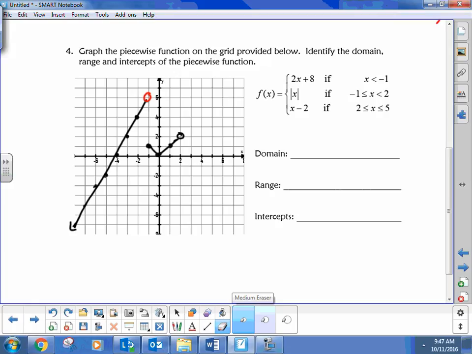And then from there, we will move on to this other part, which is x minus 2. So typically, it would start here, and it's saying positive x. So we'll go this way. Now, what I'm going to do is some erasing here, because this line does not start until we get to 2.